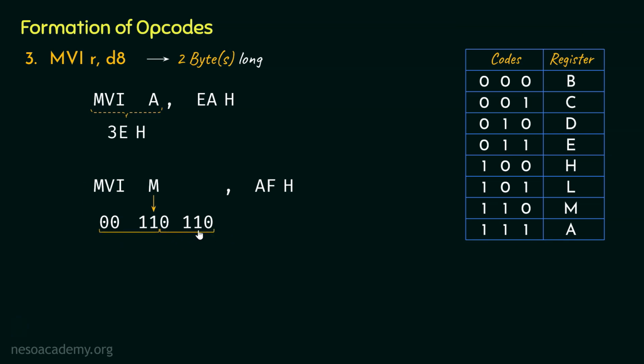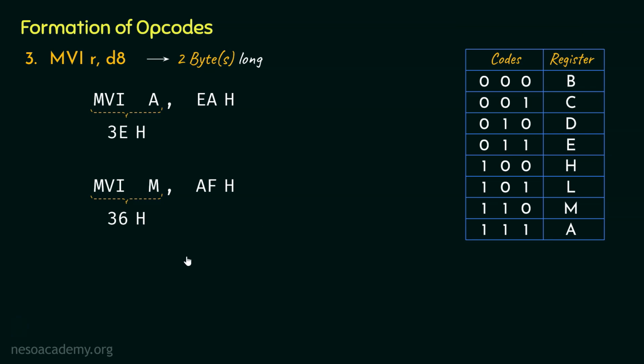So this is 0110, which is 6 in hexadecimal, and this is 0011, which happens to be 3 in both decimal and in hexadecimal. Therefore, the opcode for MVI M, AFH is 36H and the data of 8 bits which we are sending with the instruction itself. So 8 bits and 8 bits, clearly 2 bytes.